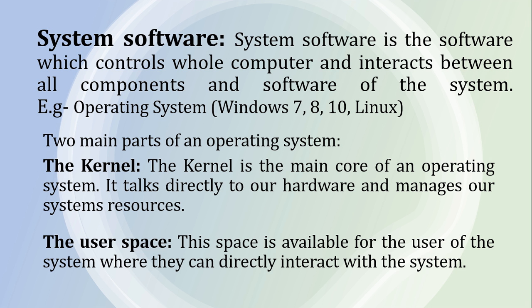User space is available for the user of the system. Like us, we use user space, and the kernel connects hardware and software so that we can run any program on the computer. We always work in user space.